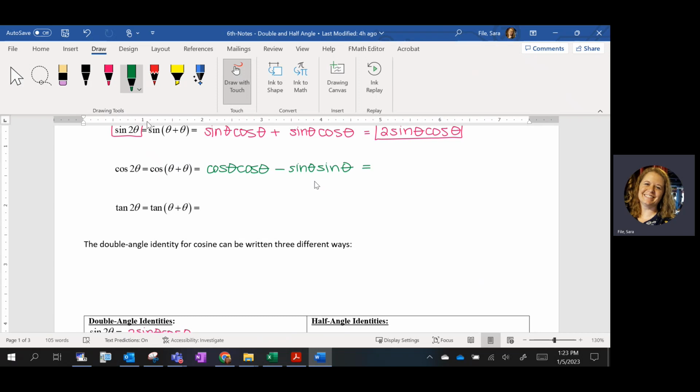That can reduce as well, because what's cosine times cosine? Cosine squared minus sine squared. That's really close to our Pythagorean identity. It's just got a minus instead of a plus.